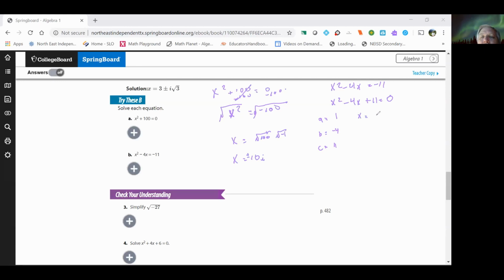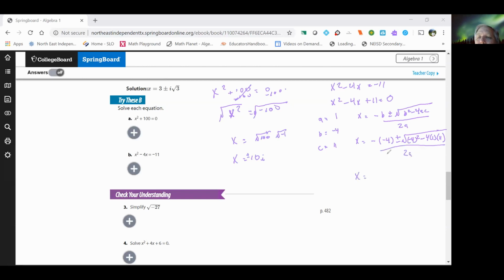x is equal to negative b plus or minus the square root of b squared minus 4ac, all that over 2a. Plug them in. So it's negative negative 4 plus or minus the square root of negative 4 squared minus 4 times 1 times 11, all that over 2a.